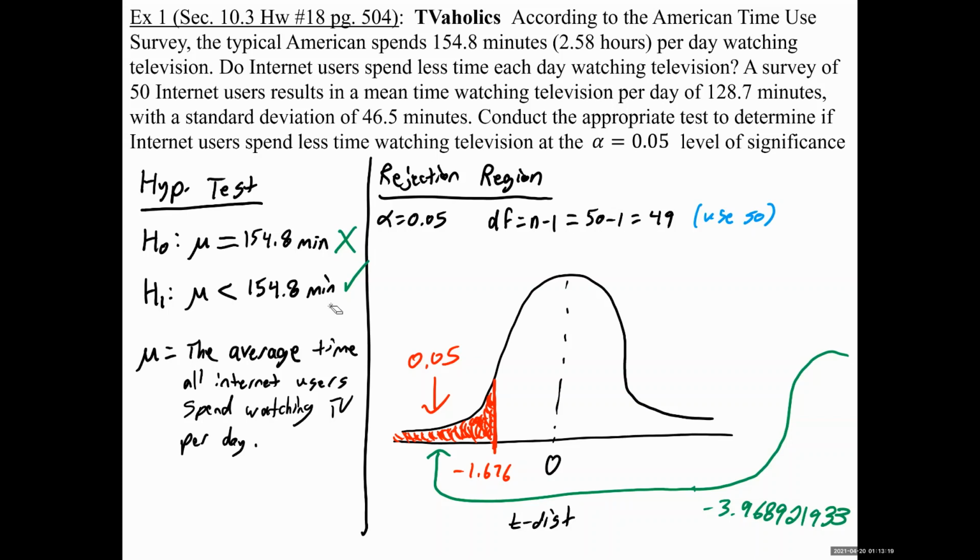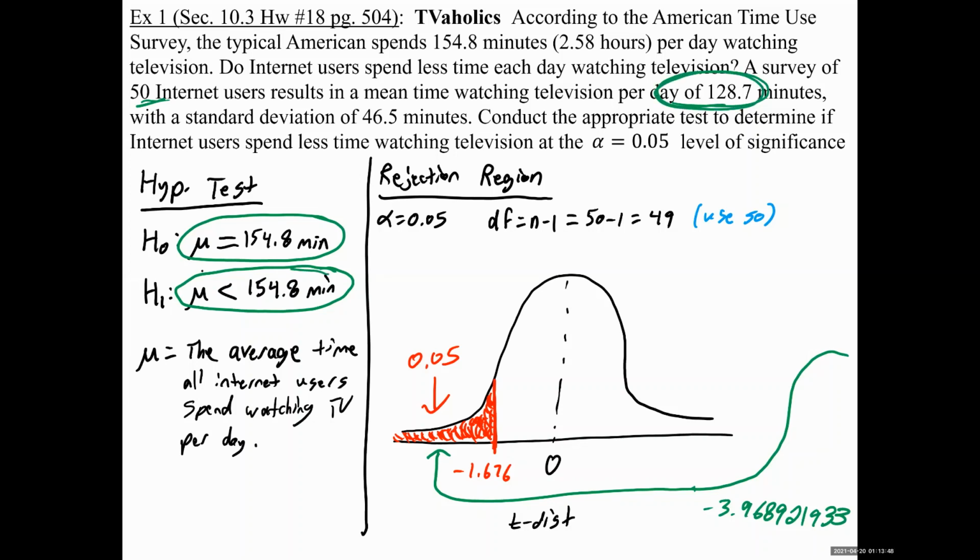Here's the idea. There's a big bag of numbers, and the king is saying the average of all the numbers in the big bag is 154.8. The peasant is saying the average of all the numbers in the bag is less than 154.8. So we're trying to decide who to believe. How do we decide who to believe? We take a sample, calculate the average. And they said we took a sample of 50 people and the average was 128.7.